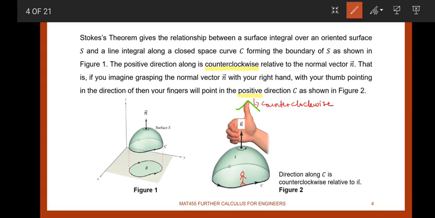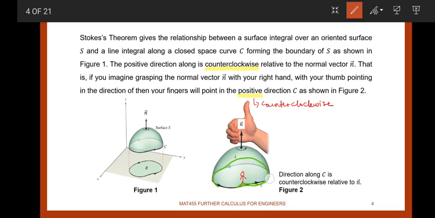Then you know that this is your surface S. First you must have your direction in counterclockwise direction, and then you have the thumb pointing up, which is your unit normal vector n, and then you know this is your surface S. Surface S is related to the counterclockwise direction of your curve C. Or you can also imagine that you are the one who walks along the curve C, and the area must be on your left side.